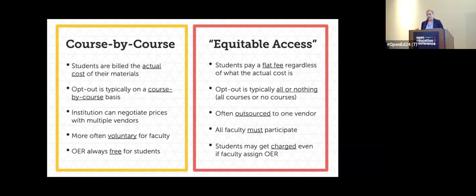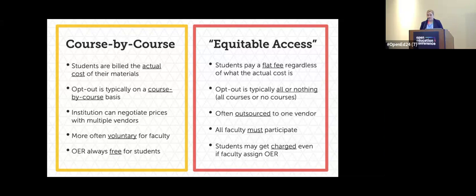The other model is what a lot of companies are marketing as equitable access, wherein all students are paying a flat fee to be part of these models, regardless of what the actual cost of their materials are. So if you're, for example, a student that only needs one textbook, but you have a professional program student who needs a lot of different $300 textbooks, like maybe you're a lawyer or a dentist, they're going to be paying the same.